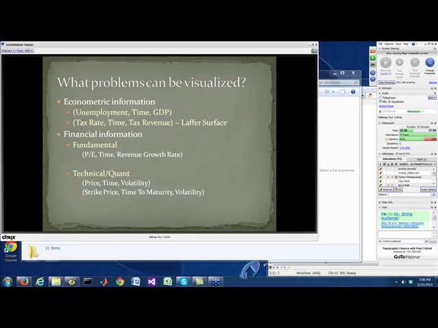For a technical or a quant trader, and that's what primarily this webinar is focused on, is the idea of looking at price, time, volatility, or what I talked about a little bit earlier about the volatility surface, strike price, time to maturity, and volatility. So those are some of the sorts of problems that could be visualized in 3 dimensions or 4 dimensions.